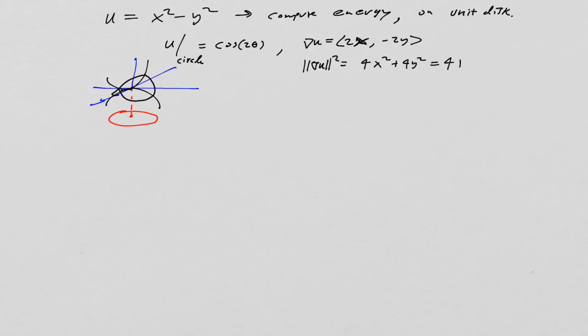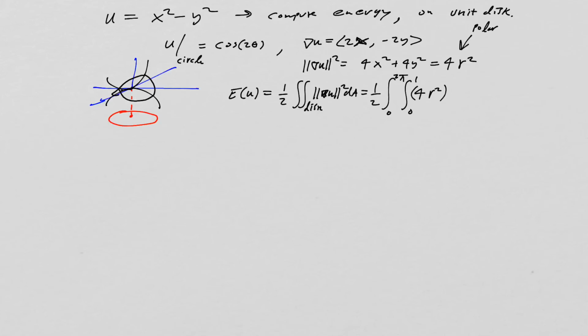We can switch to polar and call that 4r squared. So in polar, we can write the energy of u as 1/2 the integral over the disk of the magnitude of grad u squared. I can write that in polar coordinates as 0 to 2 pi times 0 to 1, because we're on the unit disk, times 4r squared. And of course dA in this case is r dr d theta.